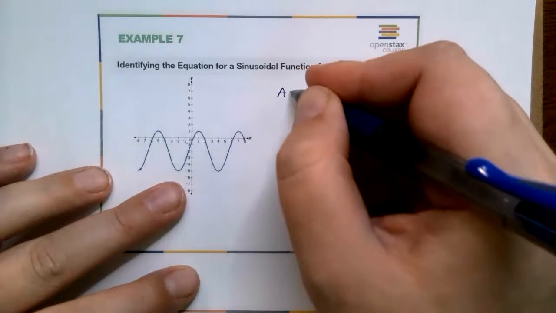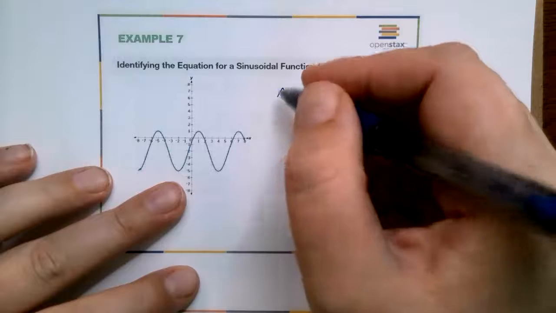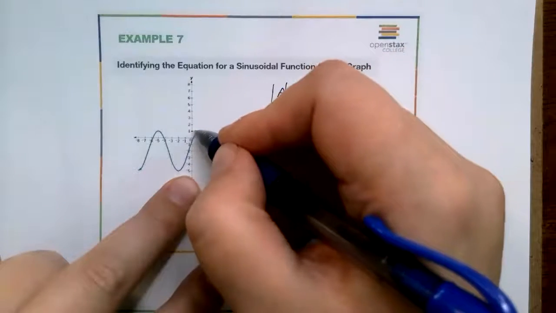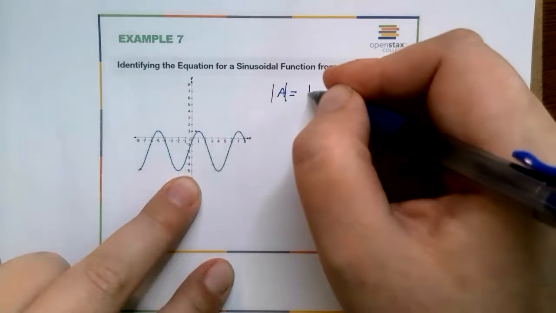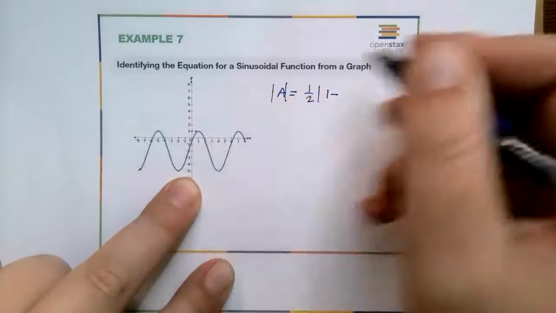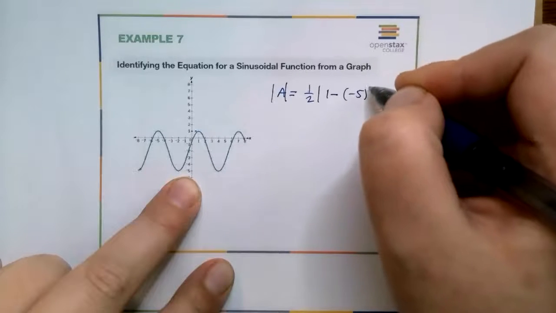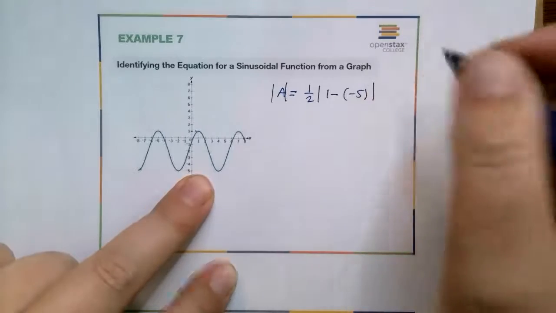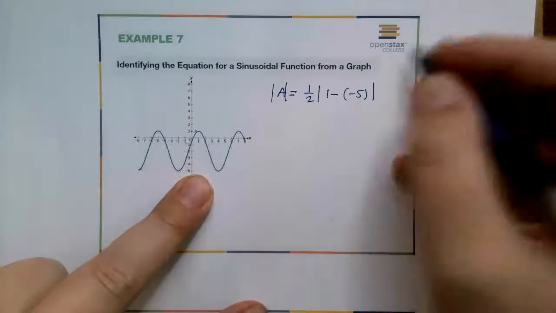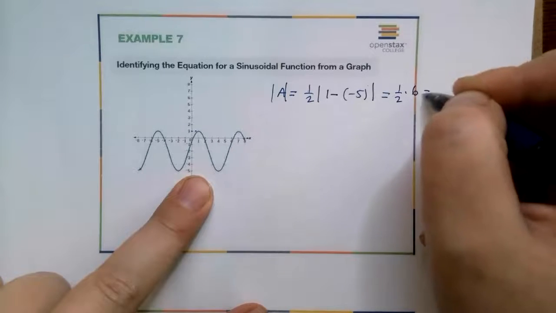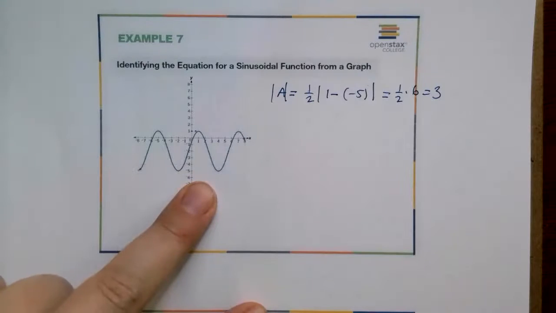The amplitude, remember, is your maximum point, which is 1, minus the minimum point, -5. Yes, you have to actually subtract a -5, then divide by 2. So we have 1/2 times 6, so it's 3. The amplitude for this function is 3.